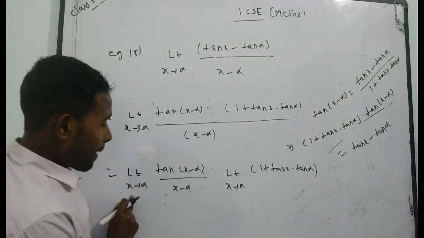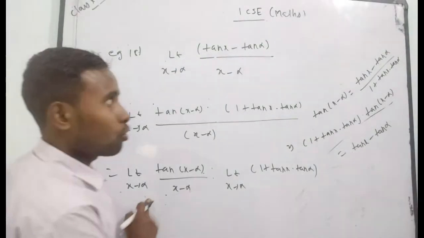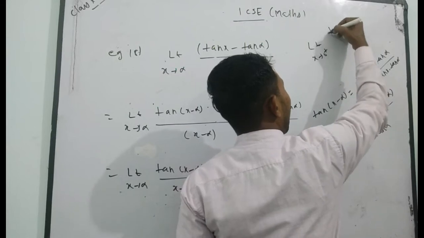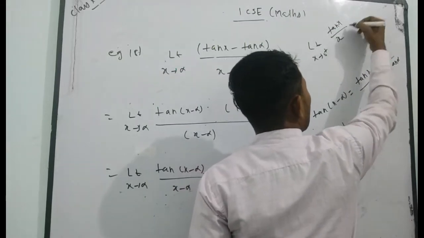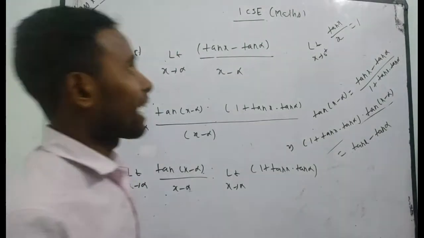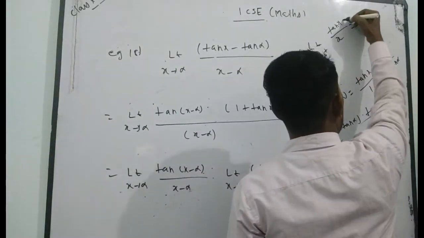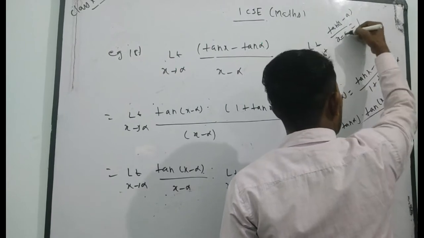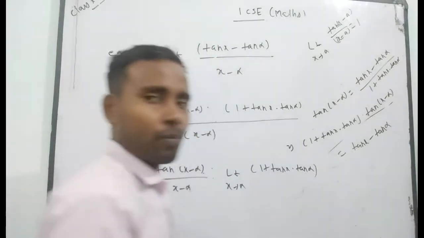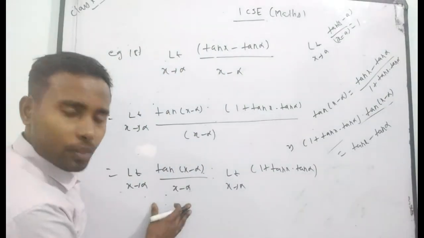Now, as you know, the limit as x tends to 0 of tan x by x is equal to what? 1. So I have already told you, tan(x minus a) by x minus a approaches 1 if x approaches a. So, can you write 1 using this formula?